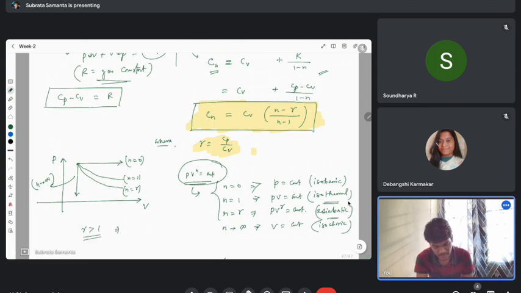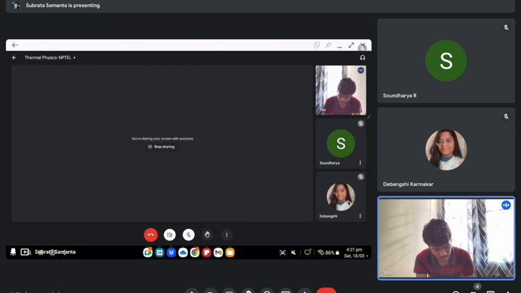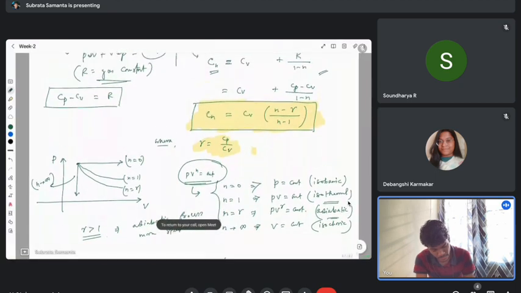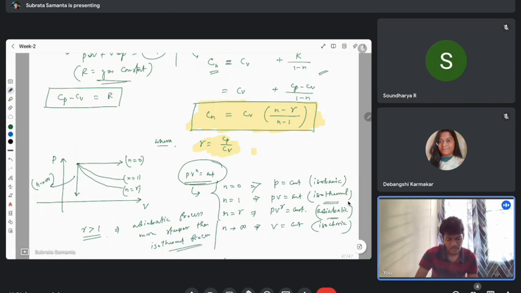So the adiabatic process is steeper than the isothermal process. So this is n equals gamma, and this is n equals 1.